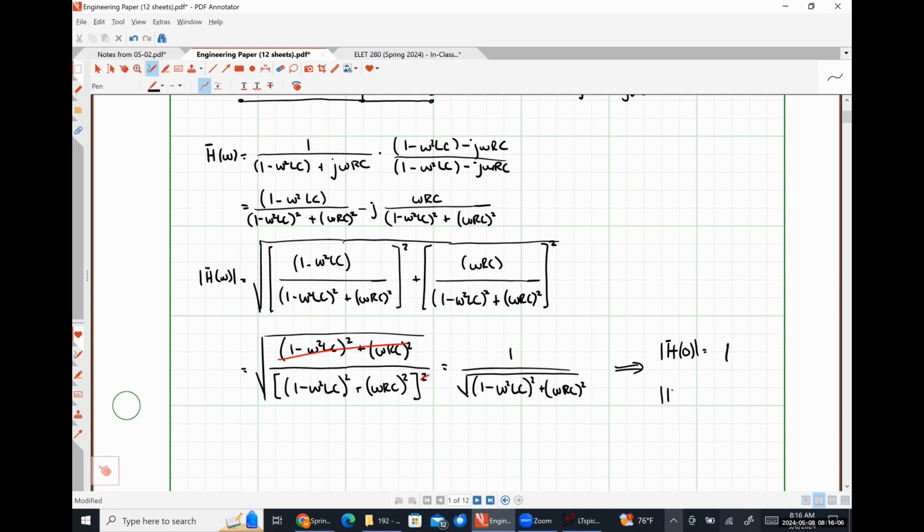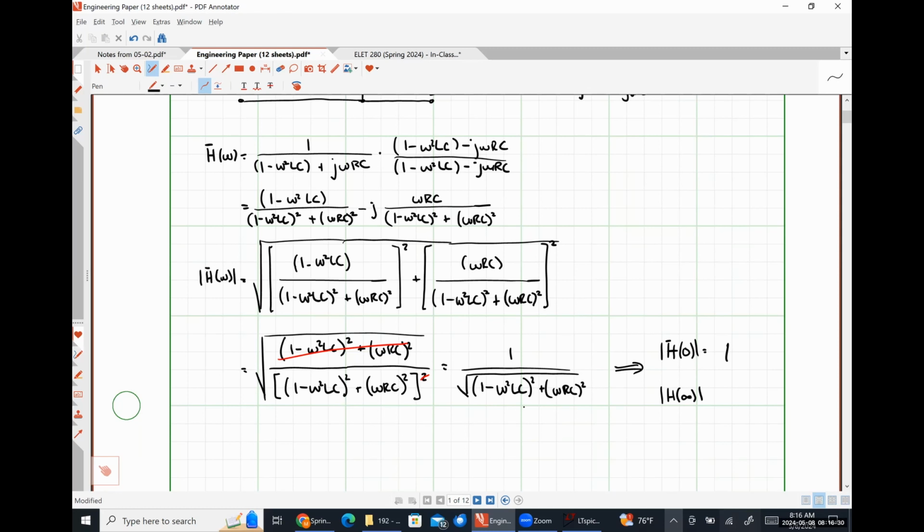And then when we're looking at infinity, I have one minus infinity squared, so that's going to be negative infinity squared.